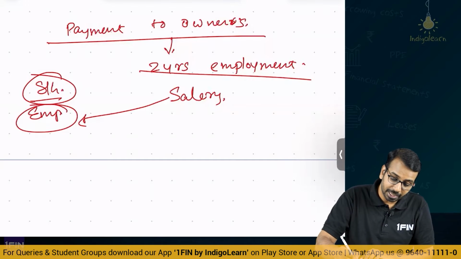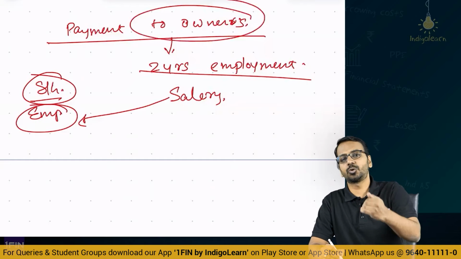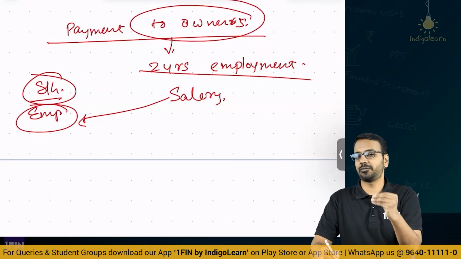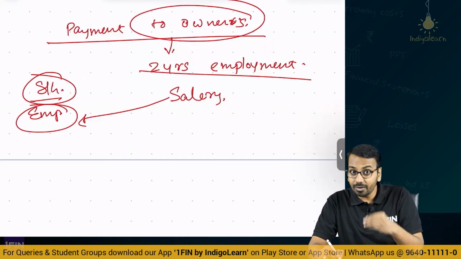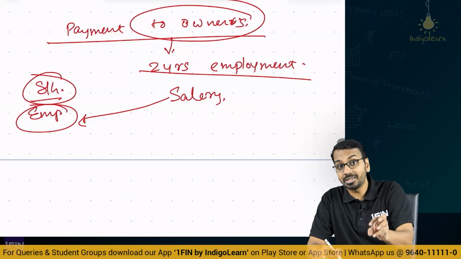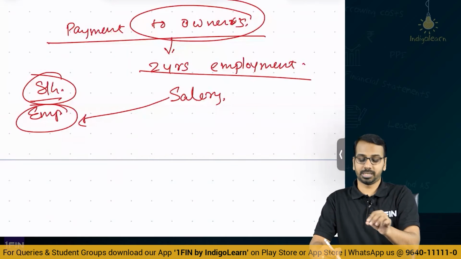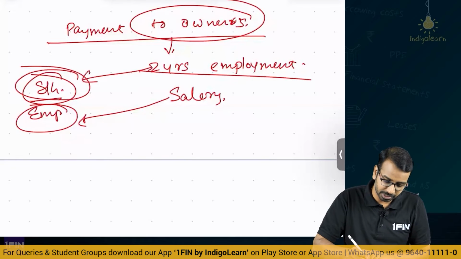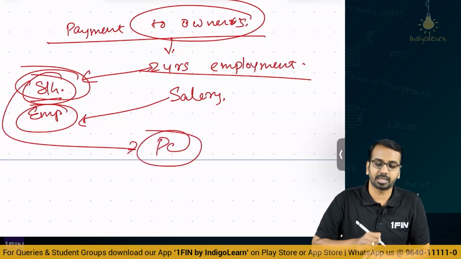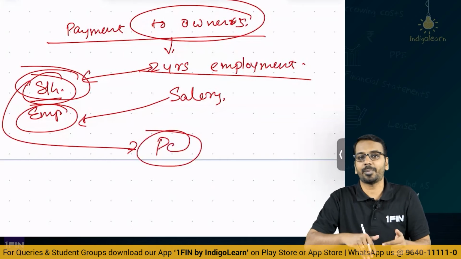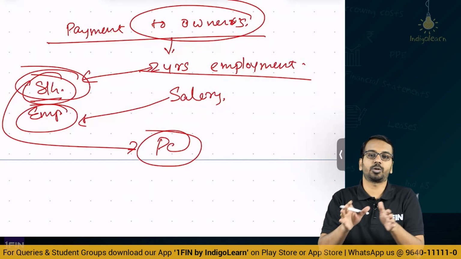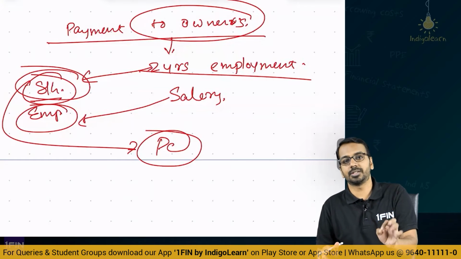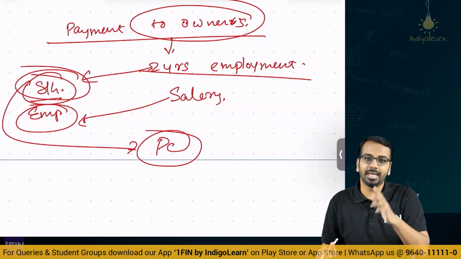But if they say that in the next 2 years, if you achieve some specified amount of revenue, then we will pay some more consideration because you are the owners, then that is in the capacity of shareholder. So if they are paying something in the capacity of shareholder, this becomes my purchase consideration. But if they are paying something in the capacity of employment, then that is not purchase consideration. This is one more adjustment which can be tested in the examination.